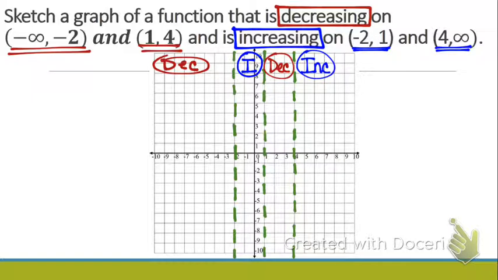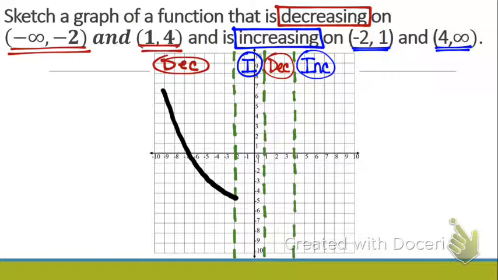Your graph is probably going to look wildly different than mine, and that is perfectly okay. Yours doesn't need to look anything like mine, as long as it's decreasing on the left and then increasing in that next little space, and then it goes down and then it goes up again. So I'm going to start all the way on the left, and I know my pencil needs to be going which way? Down. So I'm going to make it go down until I hit right here.